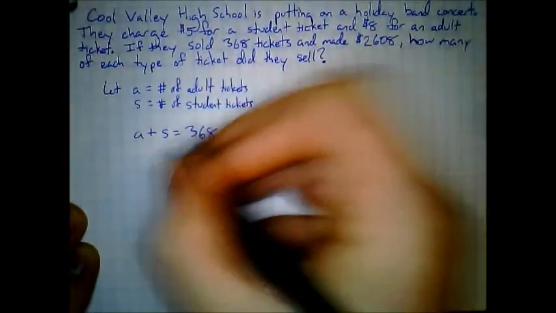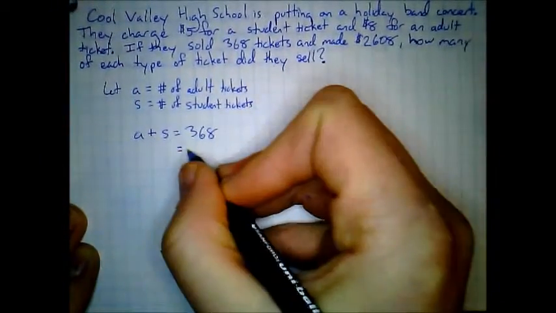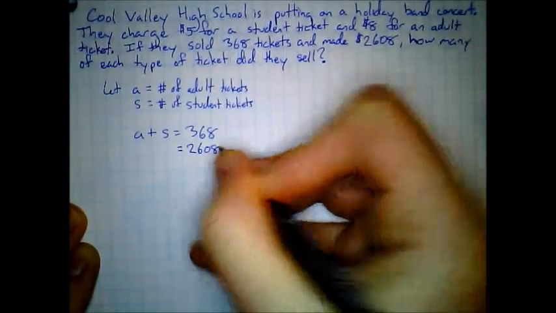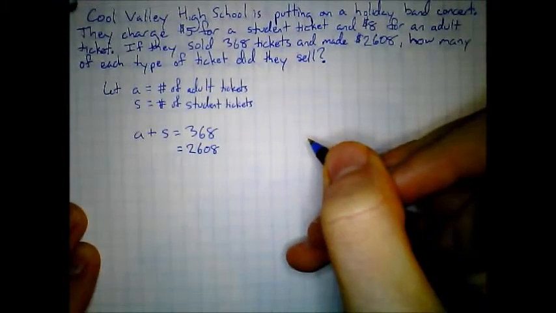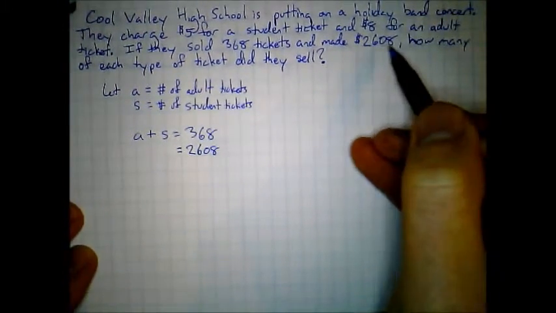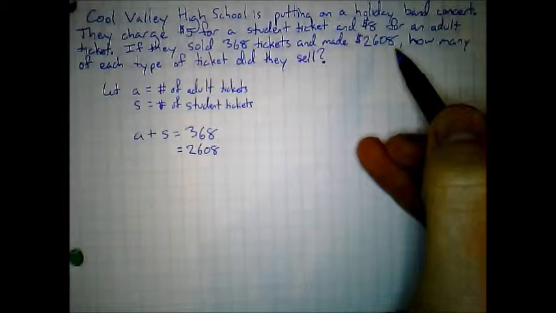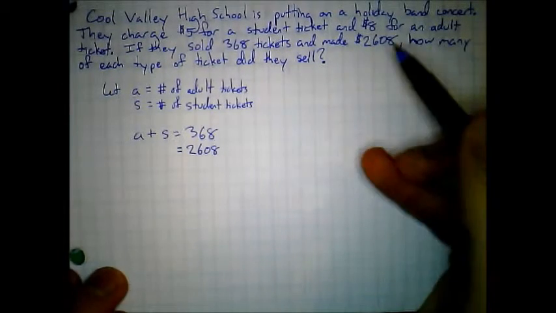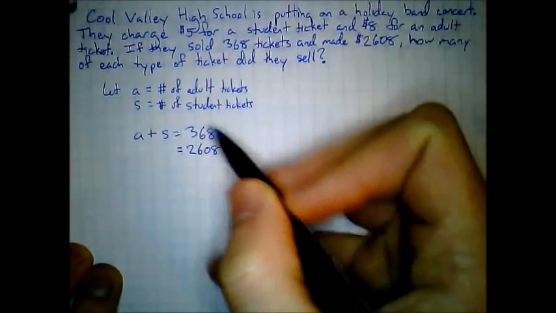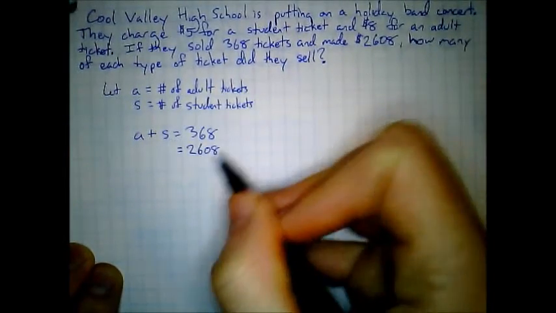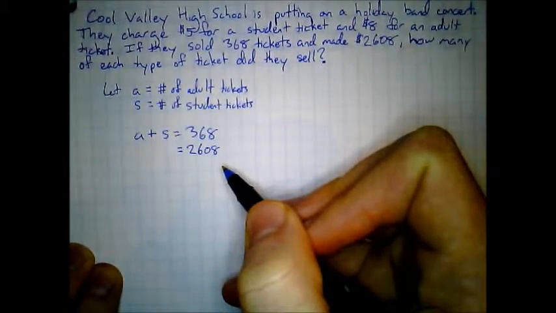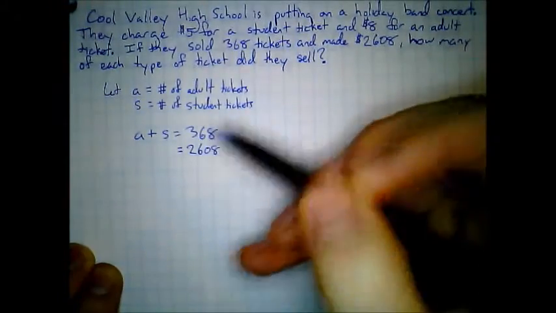So we know since it's another total, something has to equal 2,608. So this is $2,608. So they're going to get a certain amount of money from the adults. They're going to get a certain amount of money from the student tickets, and together it's going to be $2,608. So let's look back for the specifics in the problem.